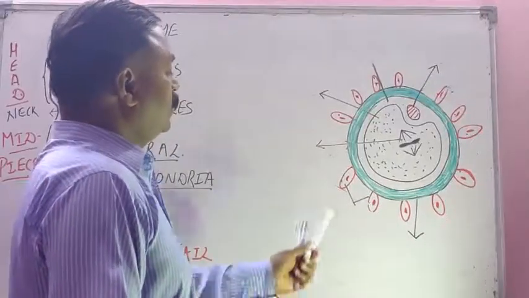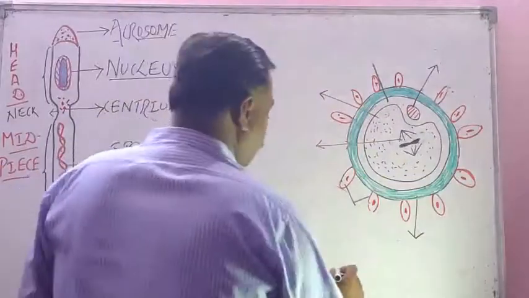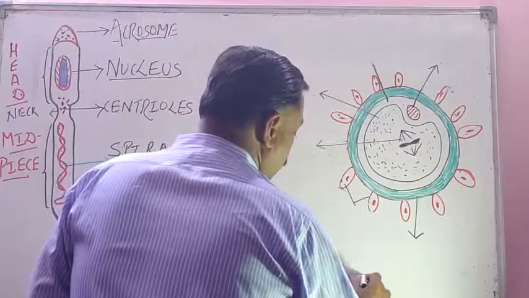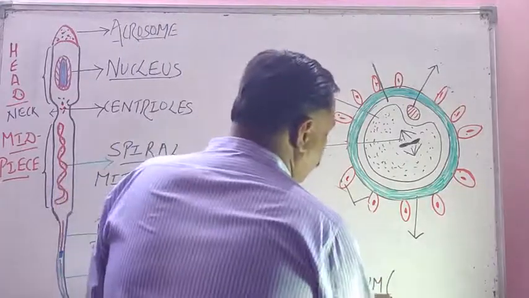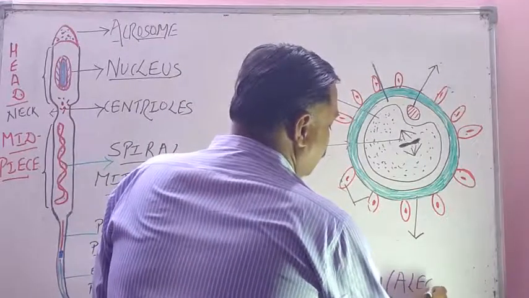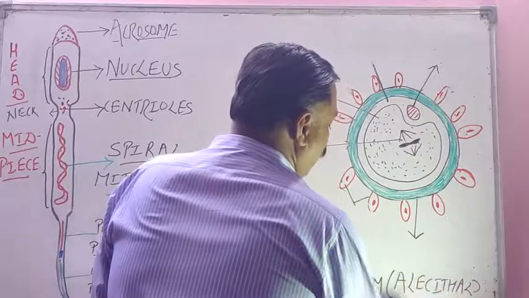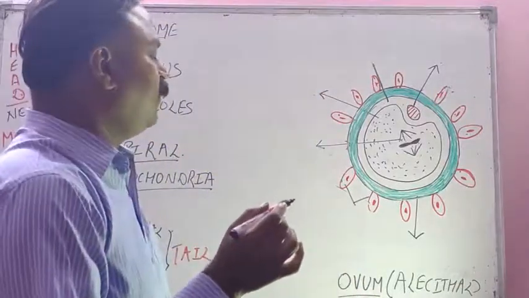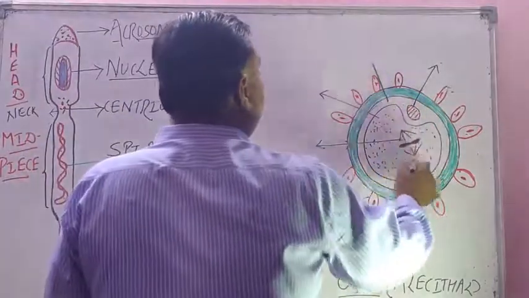Now students, a very interesting structure, that is the human ovum. This diagram is of the human ovum, female, that is the egg. A very interesting line: human ovum is alecithal. Alecithal means devoid of yolk, very negligible, or devoid of yolk. Then what does it have? It has dense cytoplasm.